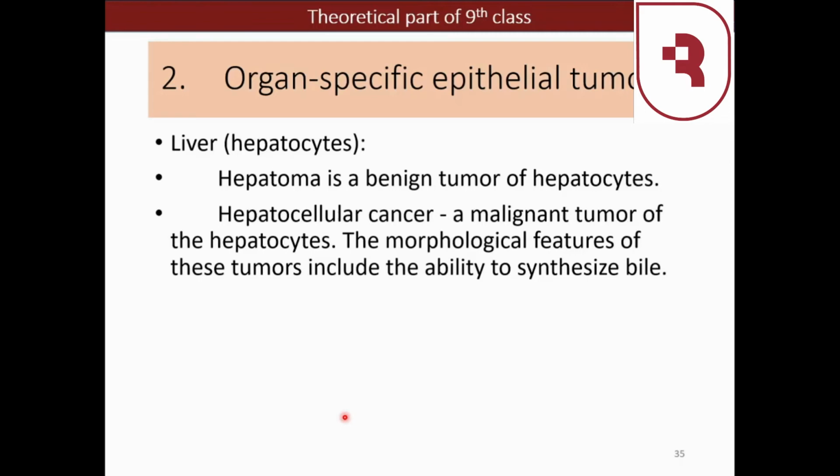Organ-specific epithelium cancer grows in the liver, and in the liver we may see hepatoma, or benign tumor of hepatocytes, and we will see an increased number or size of hepatocytes with formation of a node of benign tumor. Hepatocellular cancer is a malignant tumor of the hepatocyte, and the morphological features of this tumor include the ability to synthesize bile.